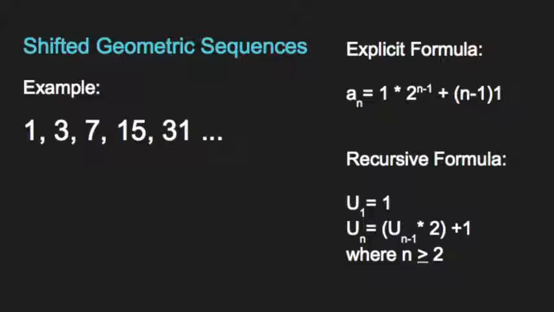The explicit formula of this is a sub n is equal to 1 times 2 to the power of n minus 1 plus 1 distributed over n minus 1. The recursive formula of this particular shifted geometric sequence is u sub 1 is equal to 1, so that's saying the first term is equal to 1, and u sub n is equal to u sub n minus 1 times 2 plus 1, where n is greater than or equal to 2.